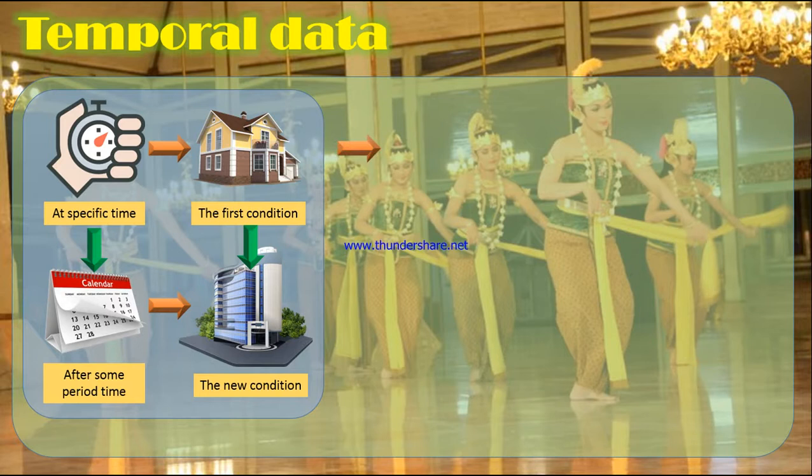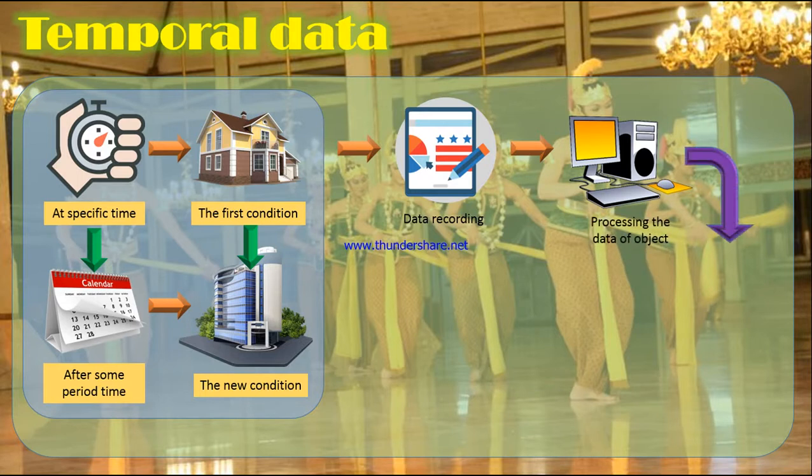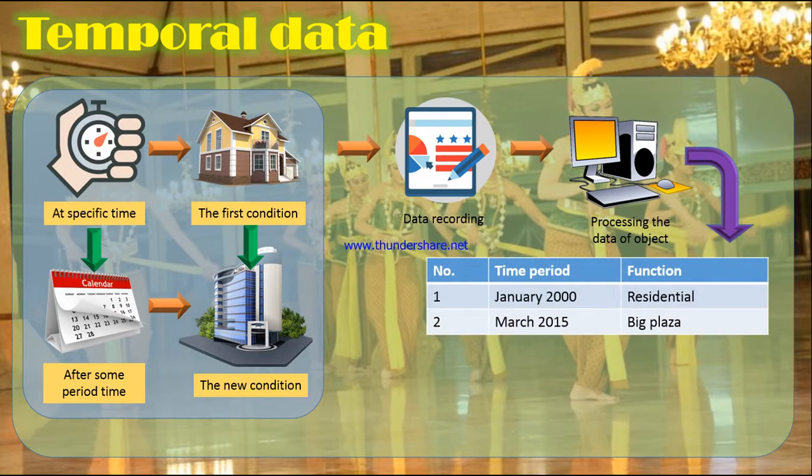This phenomenon will be recorded to be the data. And then the data will be processed to be an information. Like this table will mention that there are time period change and also conditional change.